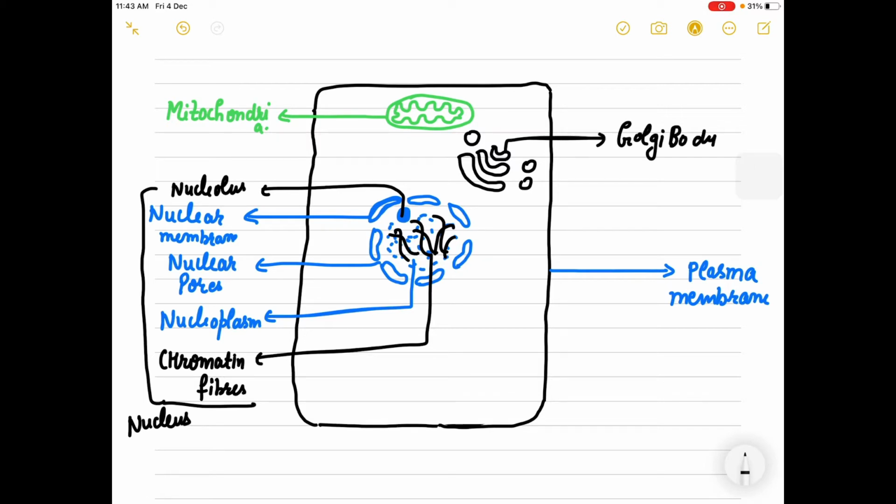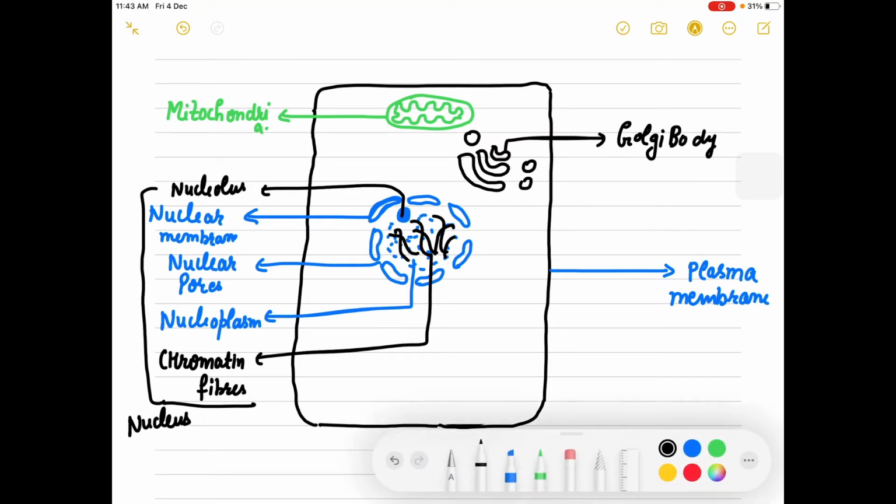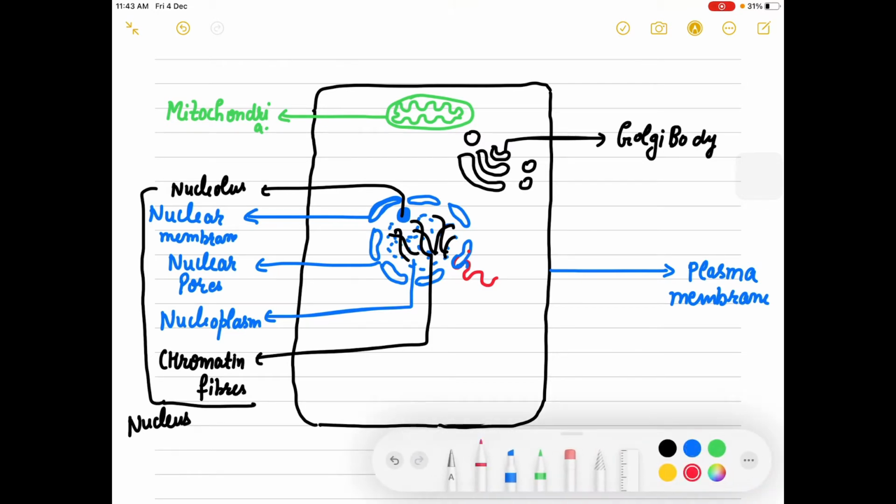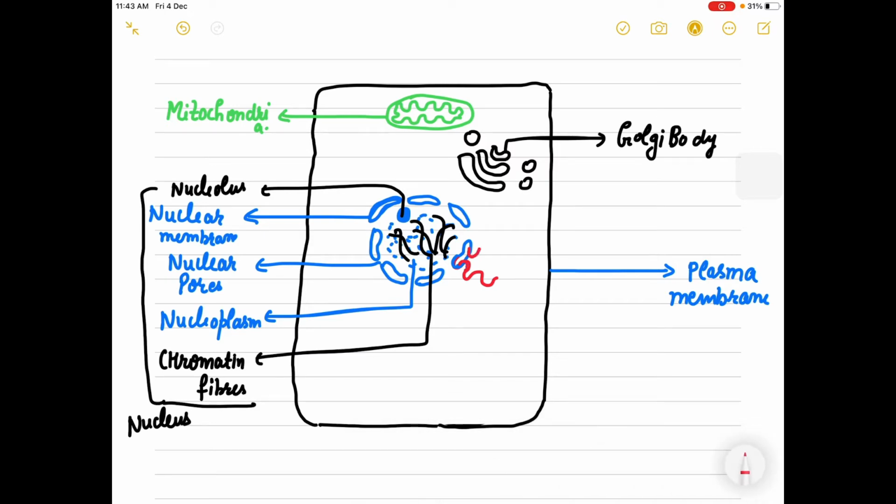Last time also I told you that from the nuclear membrane there arises a network, from the outer membrane, not from the inner membrane. So you can see that from the outer side of the nuclear membrane there arises this kind of network, and there is one network which is present with ribosomes and one without ribosomes. What is this structure which I am drawing right now?